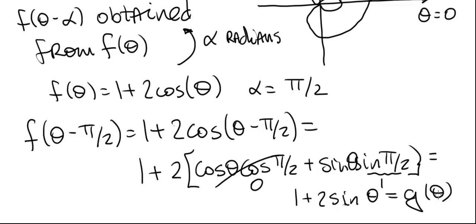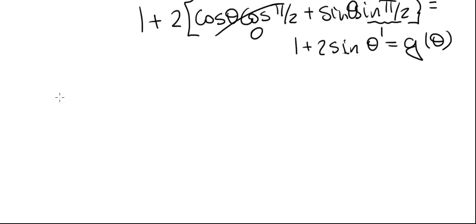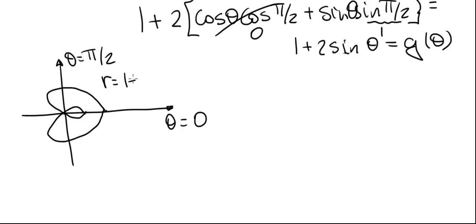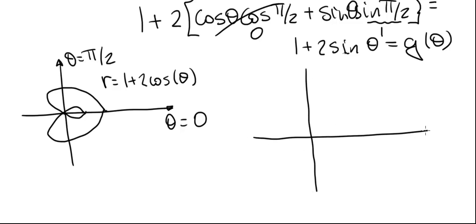So another way we could obtain the graph of 1 plus 2 sine of theta is to take the graph we already know, that is the graph of the limacon r equals 1 plus 2 cosine of theta, and rotate it 90 degrees in the counterclockwise direction, and that will result in the graph of the current limacon.